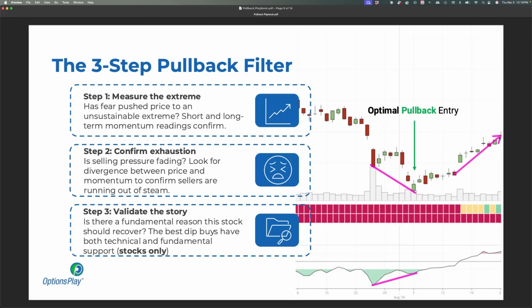So you take whatever the value of the 5 period RSI is, and you take the value of the 40 period RSI, and you average the two. And only when the average of the two reaches a price extreme do you pull the trigger.